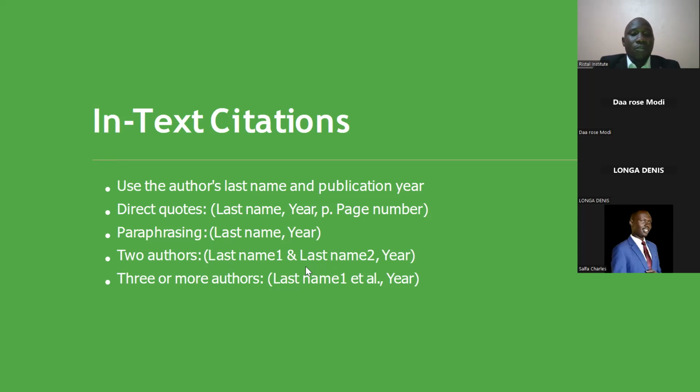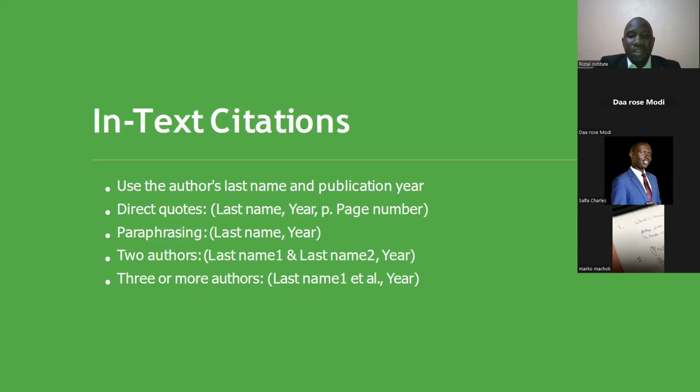Okay, for three or more authors, it is the first author, the last name of the first author. Okay, this now takes us to what you must have studied in research, which is that you have what you call a research team.